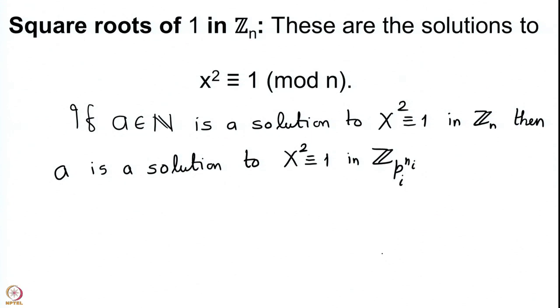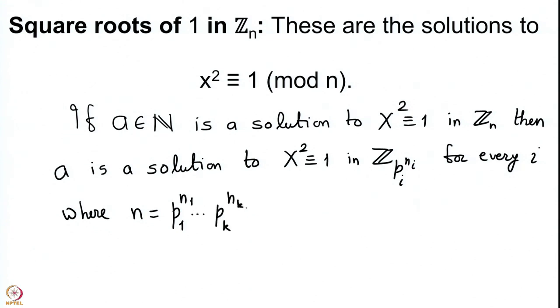So, instead of looking at Zn, we are going to look at Z mod pi power ni for every i, where n is p1 power n1 times up to pk power nk.